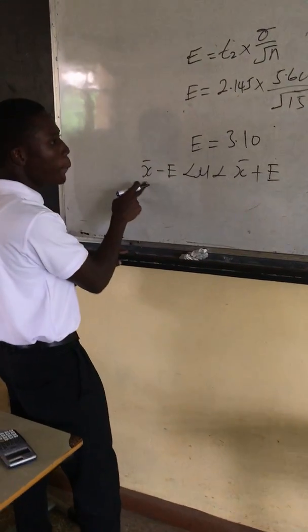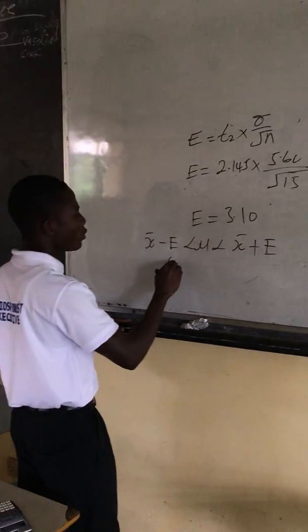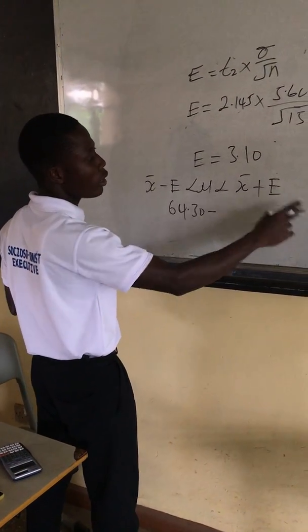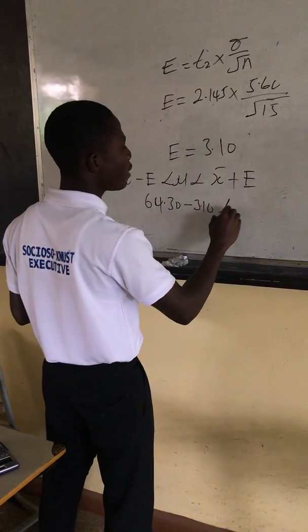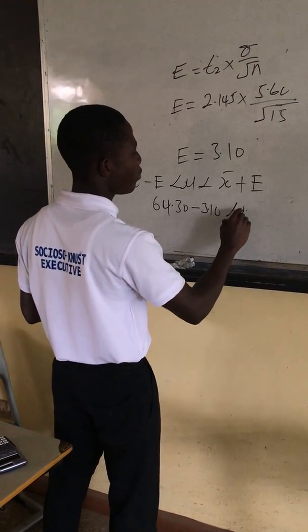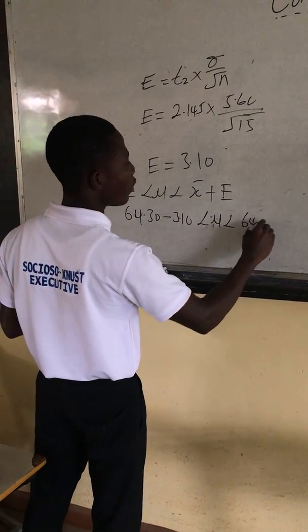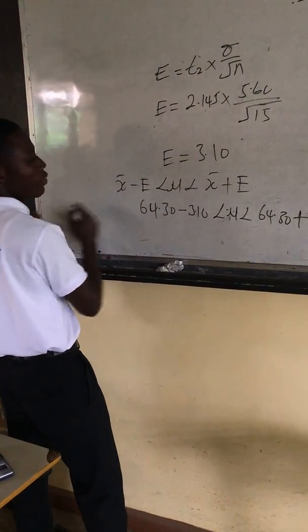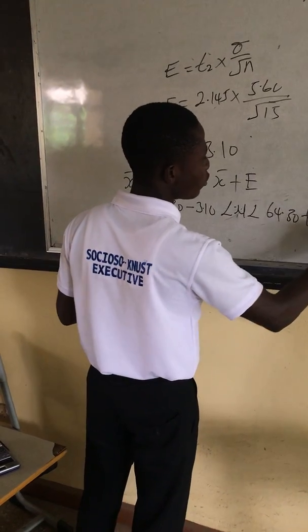The mean in the question was 64.30, so 64.30 minus the E, which was 3.10, less than the same mean, 64.30 plus 3.10. We subtract on the left, then we add to the right.